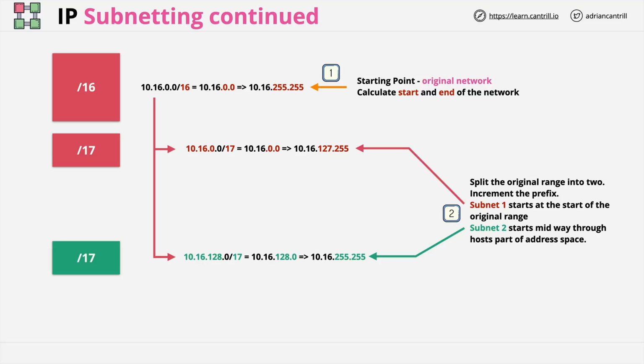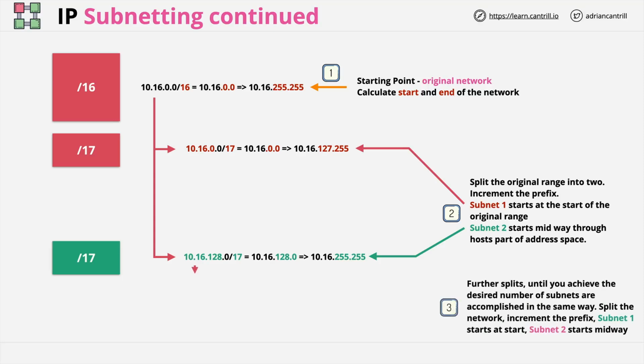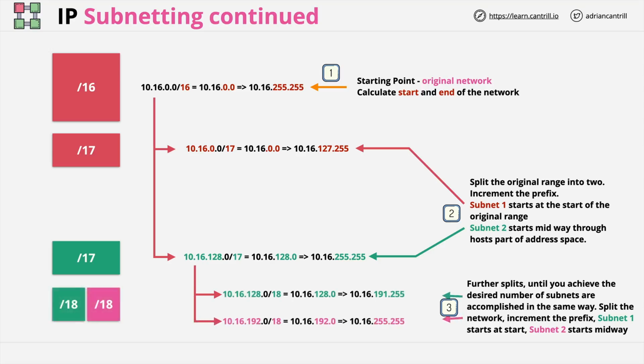Now further splits follow the same process. Each smaller network has a higher prefix value and is half the size of the parent's network range. Its first smaller network starts at the same starting address and finishes halfway, and the second one starts at the halfway point and finishes at the end. In this case, we have 10.16.128.0/18 and 10.16.192.0/18.